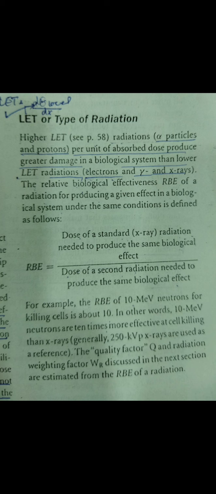In the stochastic effect, the probability of occurrence, and not the severity of the effect, depends on the radiation dose, and it depends over the period of time. If in a human being the radiation is given over a period of time, there can be induction of cancer or there can be genetic mutation.